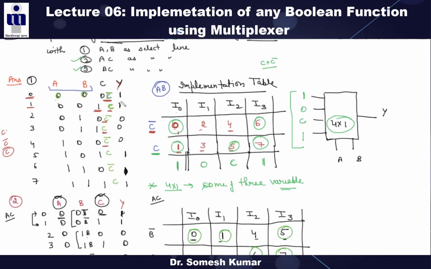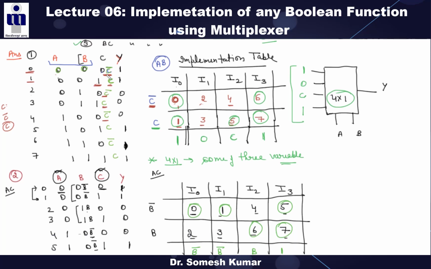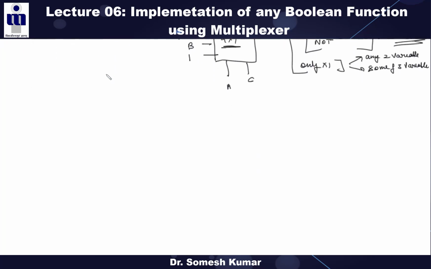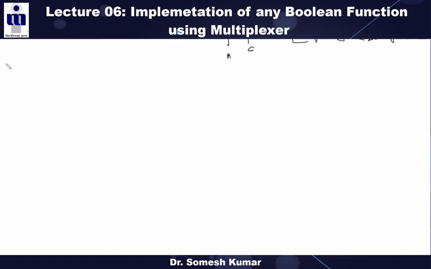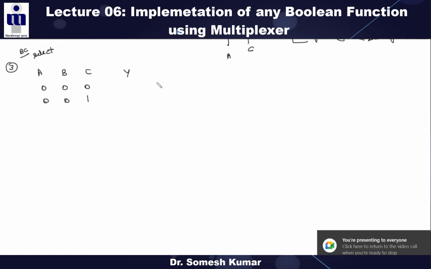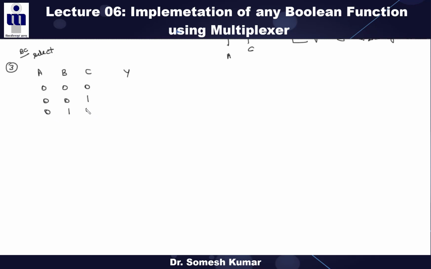Third part. If B and C are the select lines, I am going to explain the third part also, because I want to complete one example. So the third part is B and C are the select lines. Again, go to the truth table of this. Here again I am writing the truth table: 0, 1, 0, 0, 1, 1.